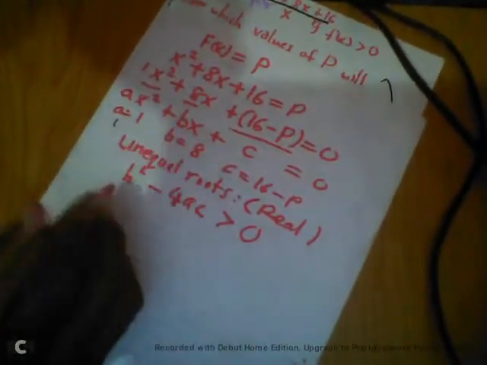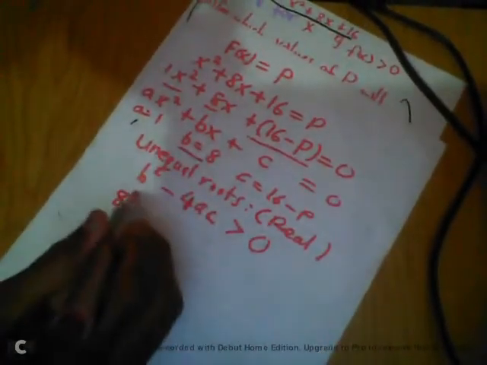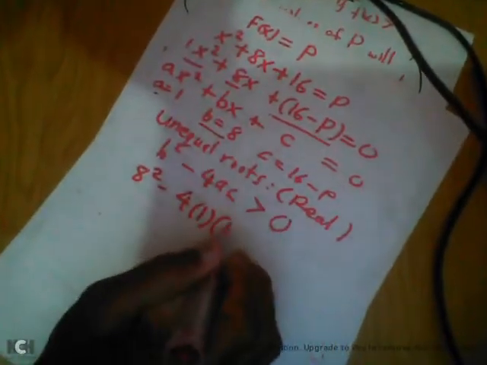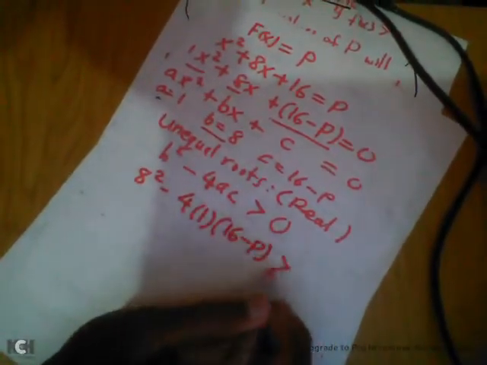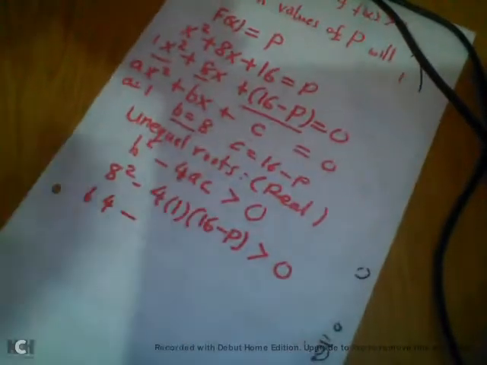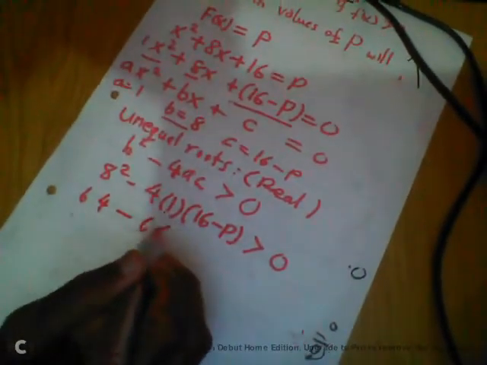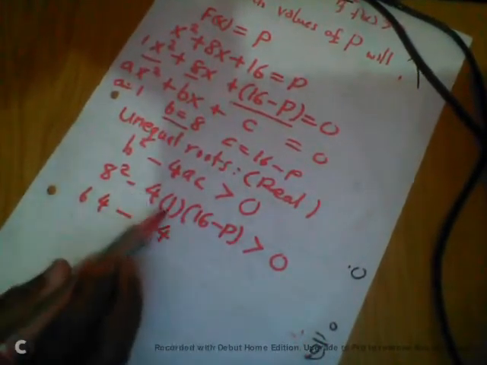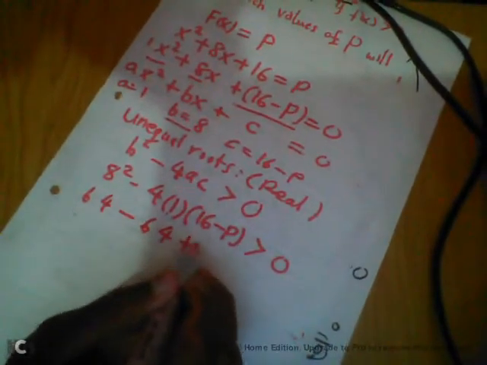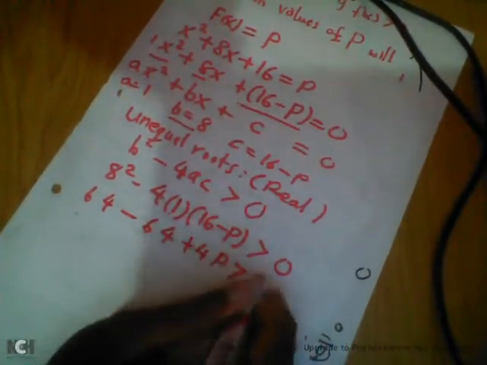So let's plug it in. Our b equal to 8, so 8 squared minus 4 times a, which is 1, times c, which is 16 minus p, is greater than 0. So this is 64 minus 4 times 16, which is 64, and negative 4 times negative p is positive 4p, greater than 0.